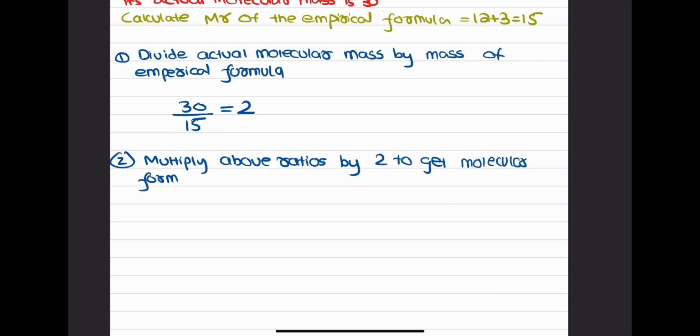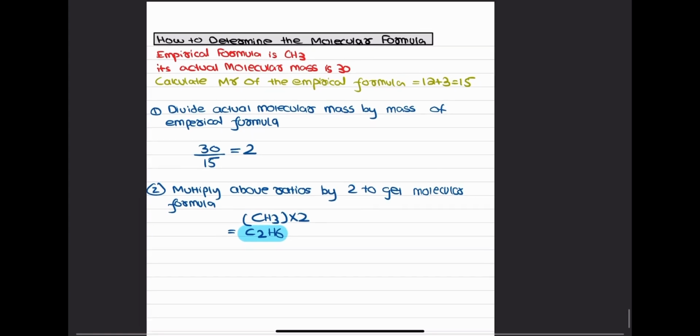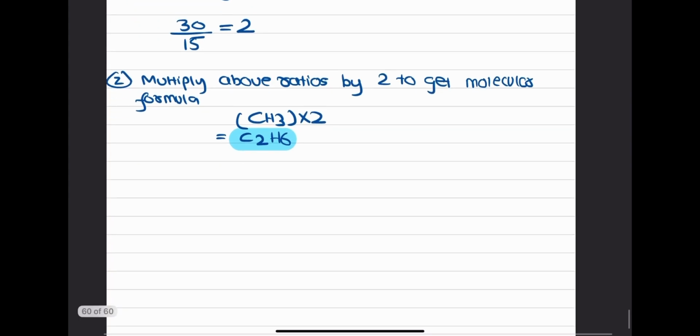So what will we do? We will multiply CH3 by 2. It comes out to be C2H6 and this is the molecular formula. Okay? There's a formula for this, if you can memorize.